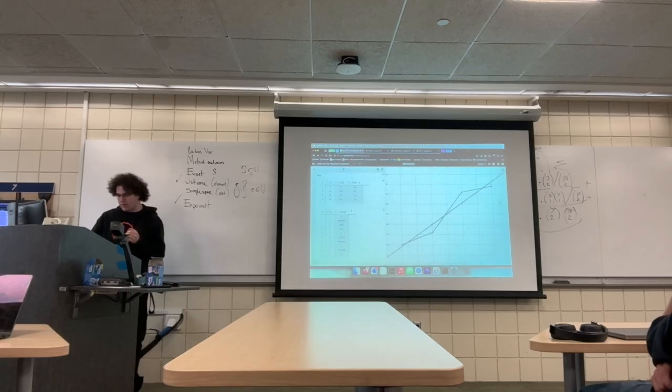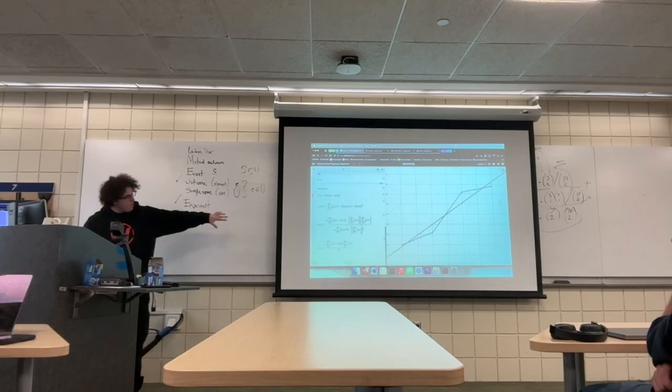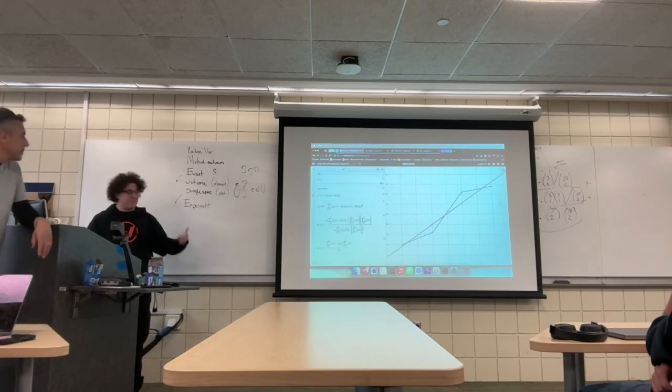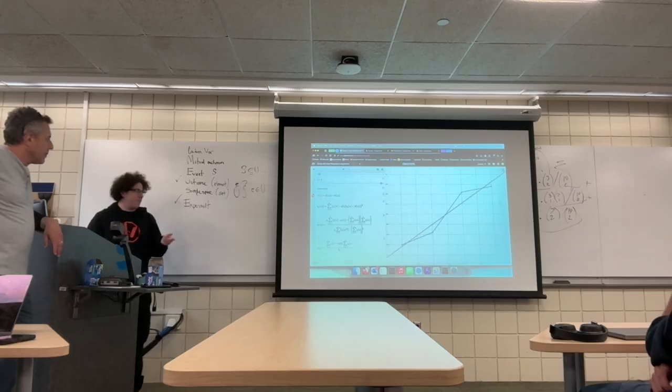So what I did was I put all of these equations into Desmos. The notation is a bit weird just because you can't have two of the same name. The sigma symbols are gigantic in Desmos.